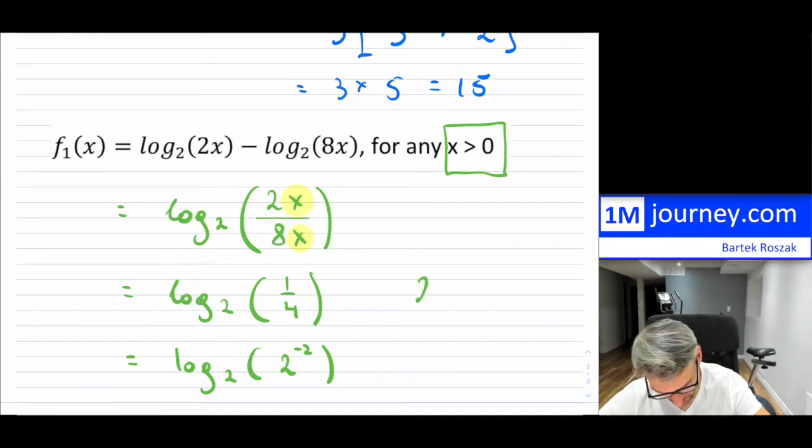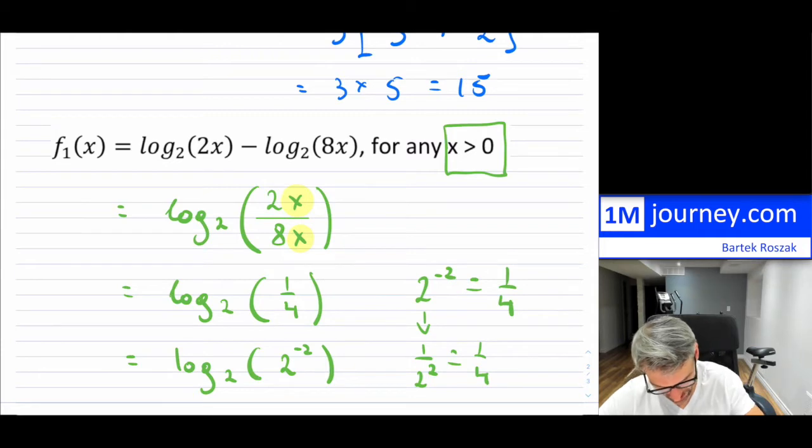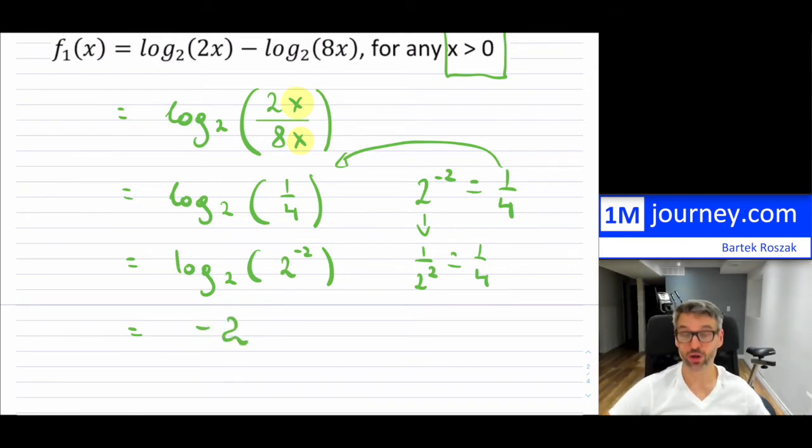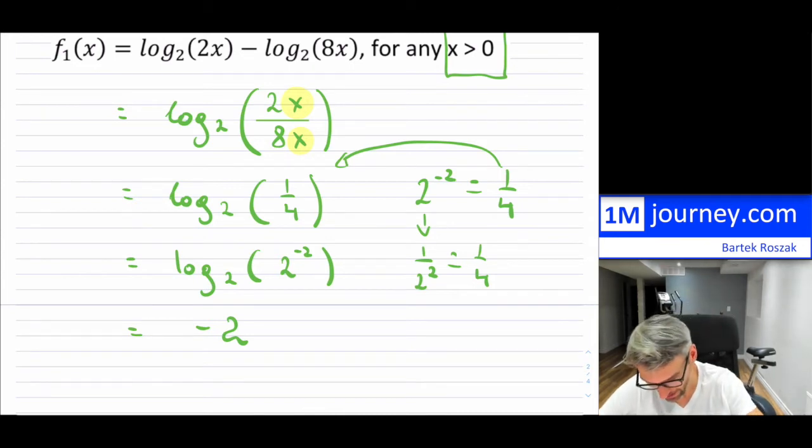Because 2 to the negative 2 equals 1 over 2 squared, which equals 1 over 4, which is exactly what we had inside there. So that means the answer to this is just negative 2 for all x greater than 0. That was actually a cool question.